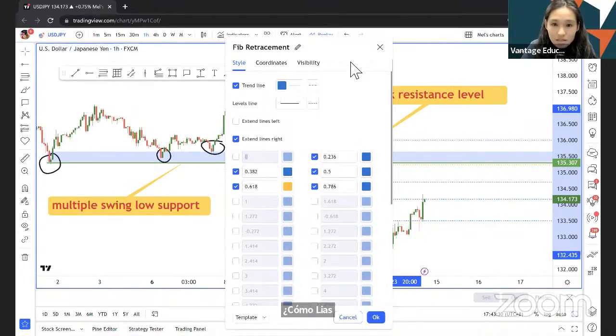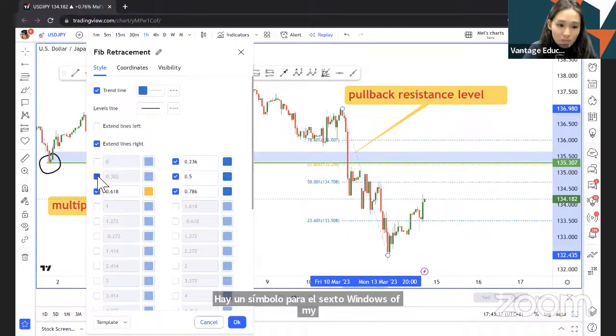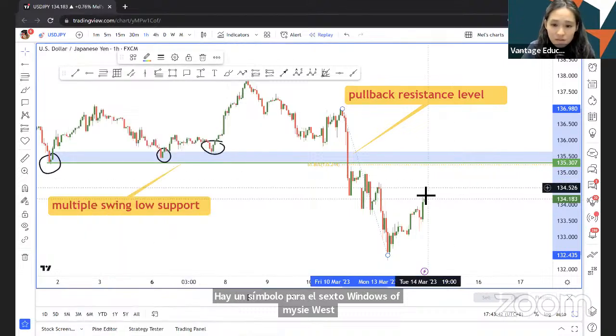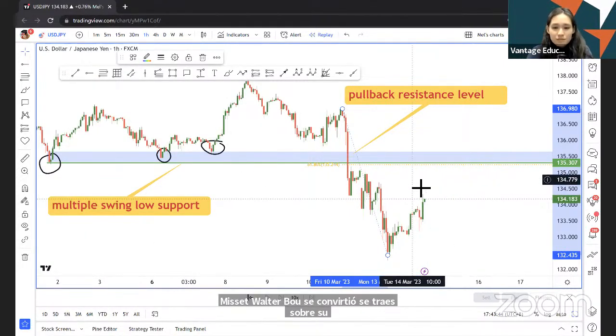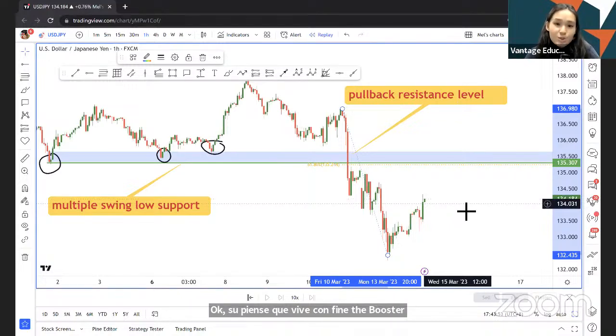I can see here that my 61.8% lines up nicely with my support level, so I'm going to remove the rest so that it's clearer. Basically, we want to find levels that line up nicely with your support and resistance levels. This is to get confluence, or rather confirmation that price is likely to approach that area.